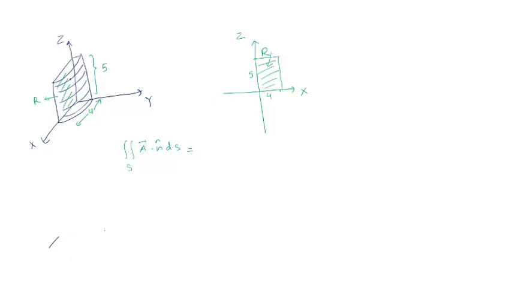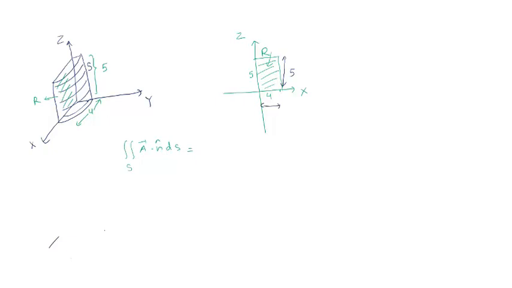If we look at this projection R of the curved surface of the cylinder S on the xz plane, we can easily see that R is actually a rectangle. Since the height of the cylinder was from z equal to 0 to z equal to 5, this height is 5 and this base is 4.